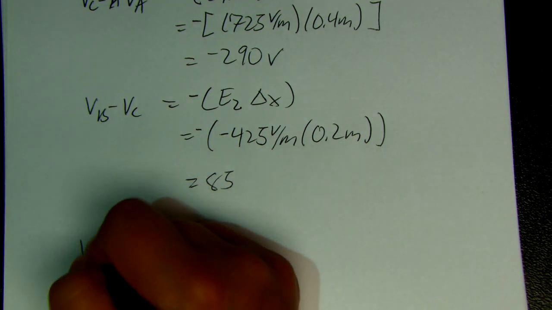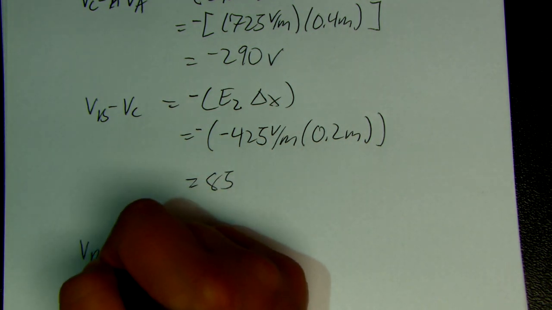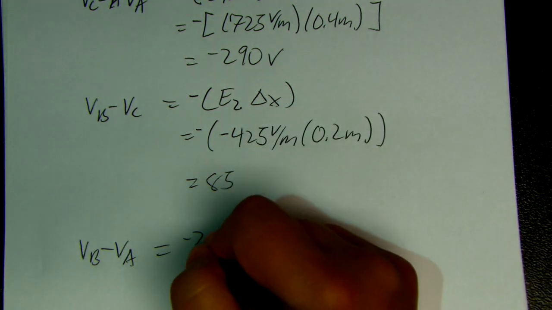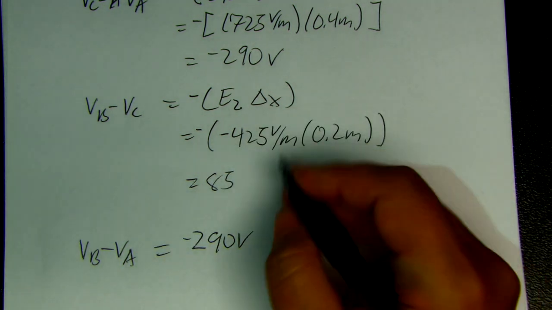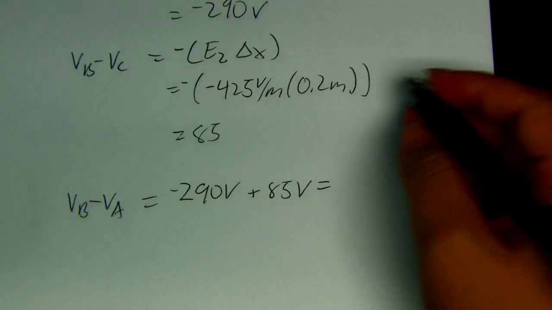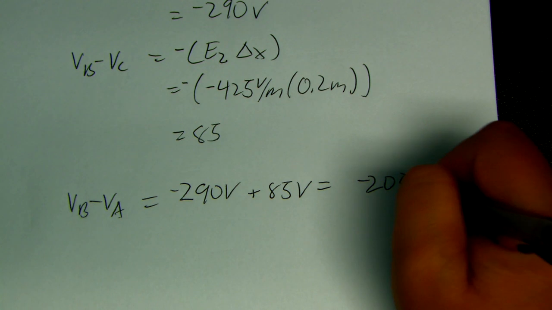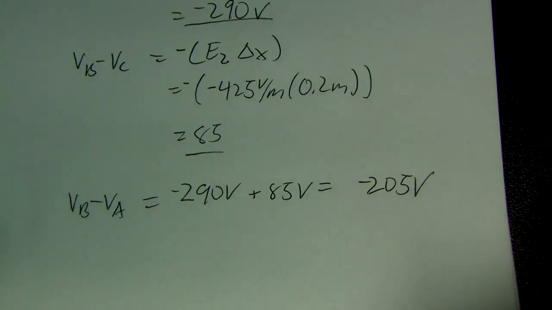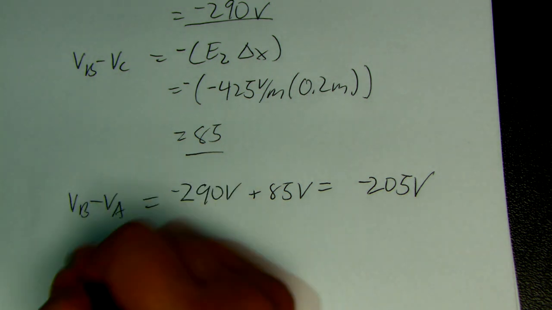And so from here we have VB minus VA is equal to minus 290 volts plus 85 volts is equal to minus 205 volts. Now we're going to want to remember these values for later on in the problem.